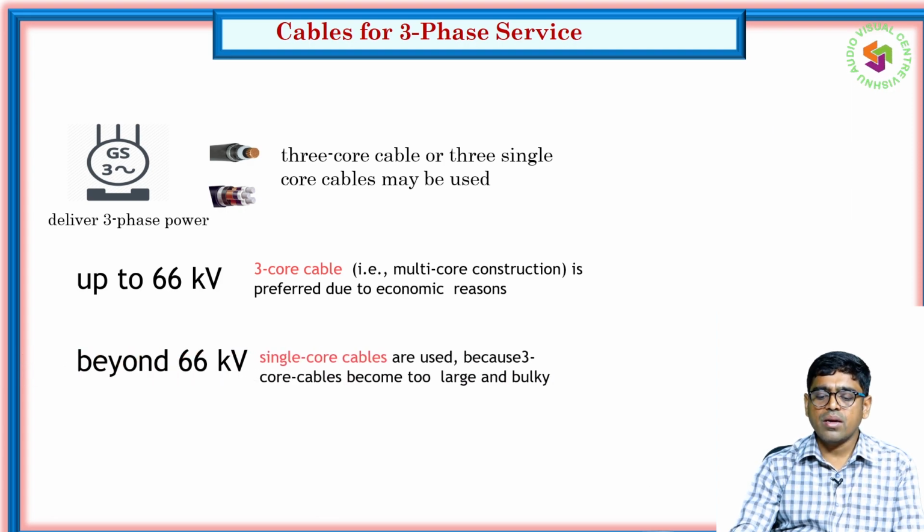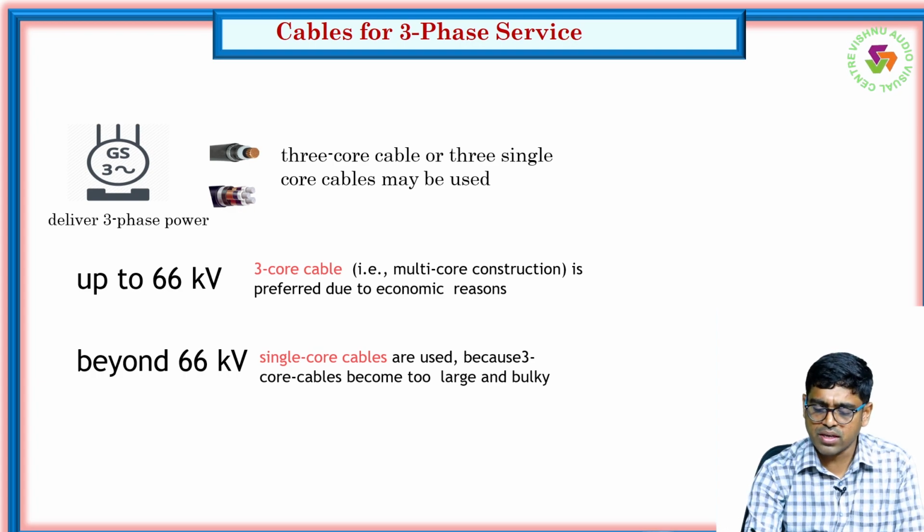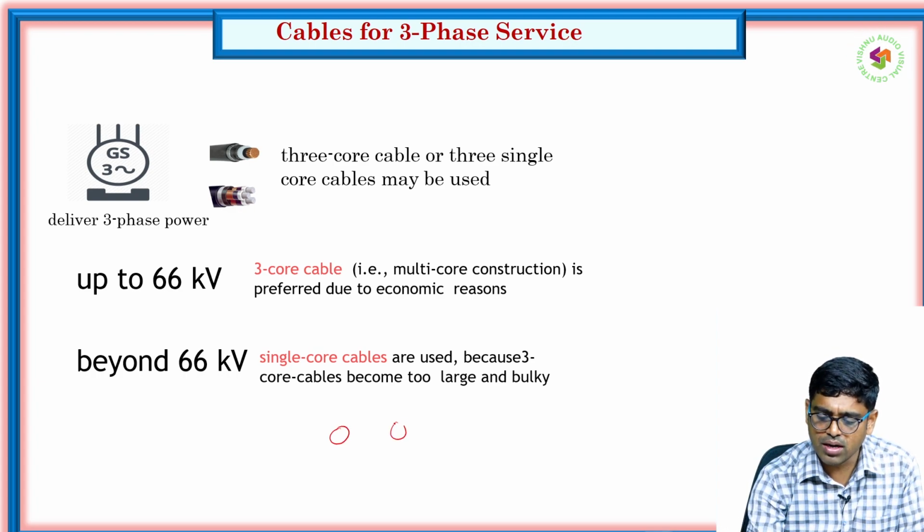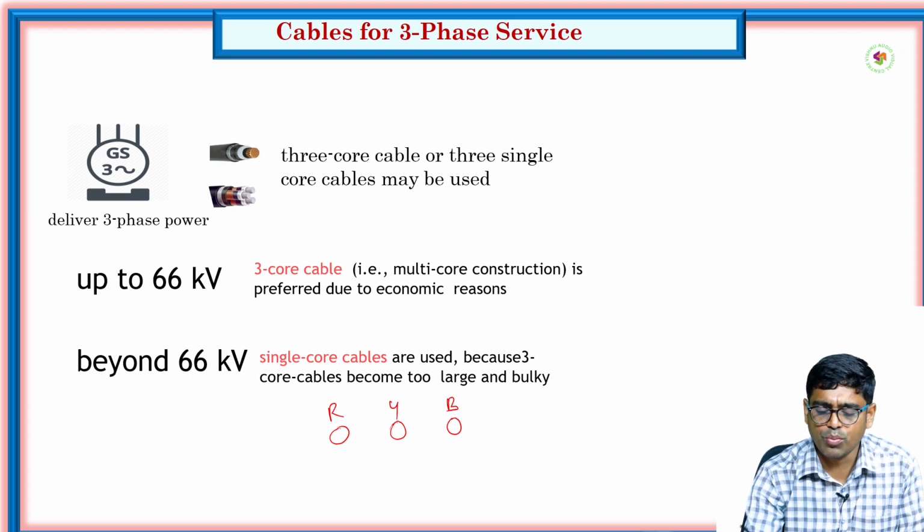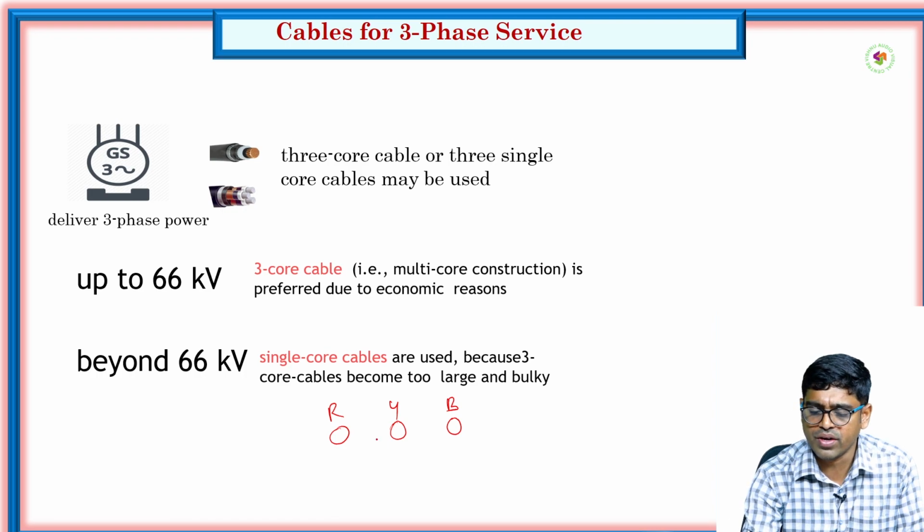Beyond 66 kV, single core cable means only one core per cable, so separate cables will be there for RYB.